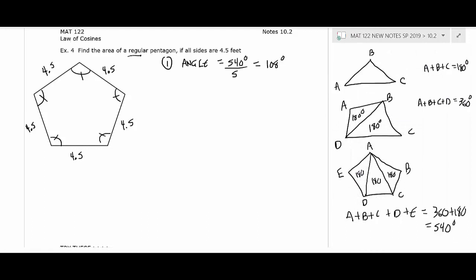Now I'm going to fill this in as I go. We know all the sides were given, and now we know that every angle is 108. And then we're going to figure out a way to use the formulas we've learned in order to put this together. My thought on this is to do it this way.